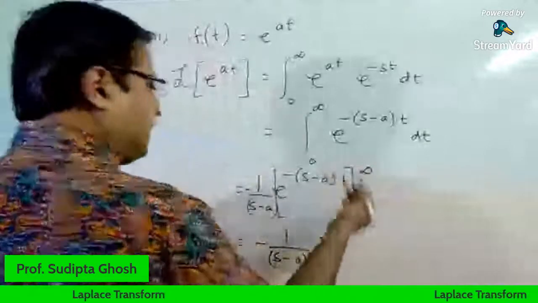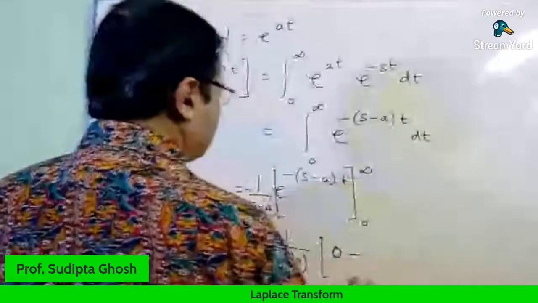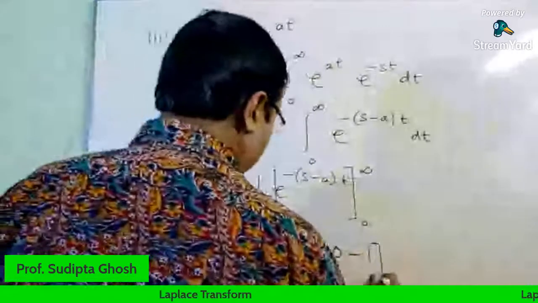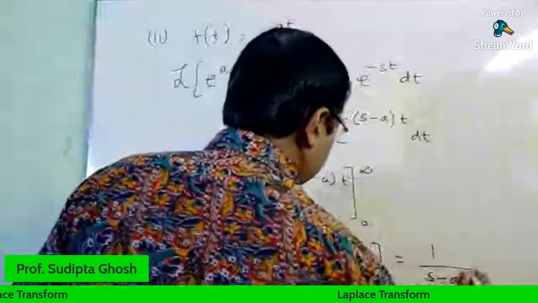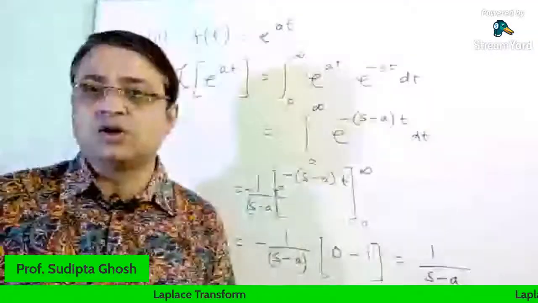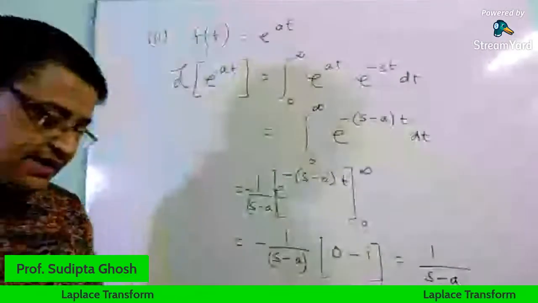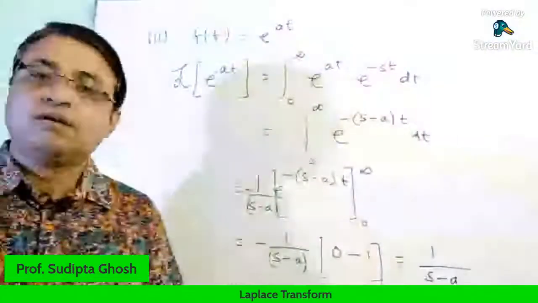Again e to the power minus infinity becomes 0, then minus of e to the power 0, that is 1, so the value is 1 by s minus a. So this is the Laplace transformation of e to the power at, that is 1 by s minus a.